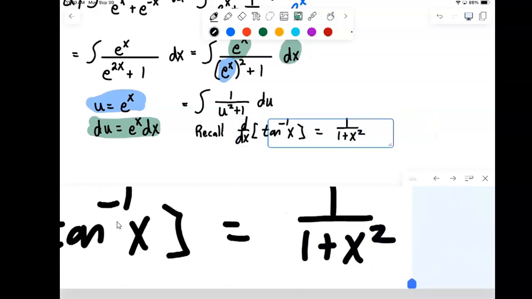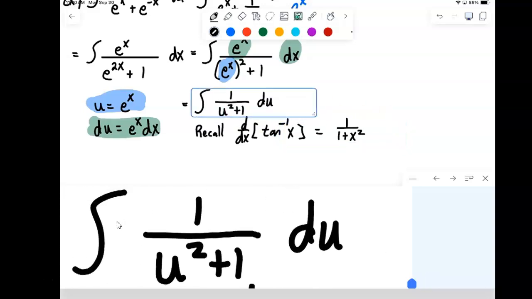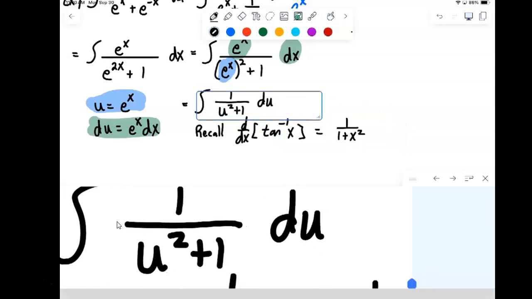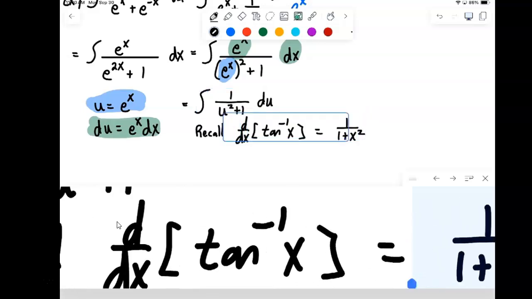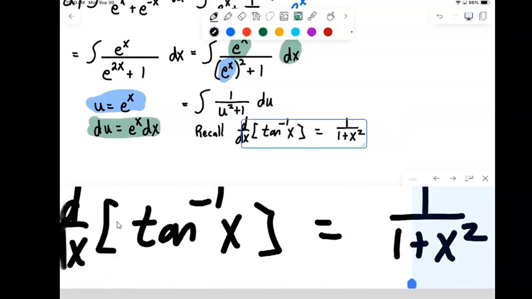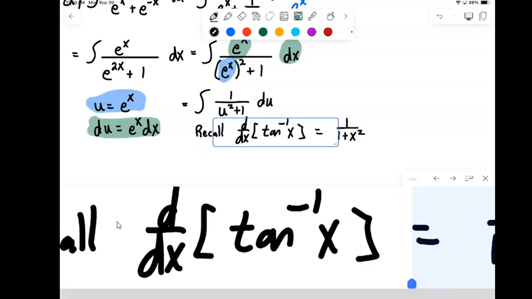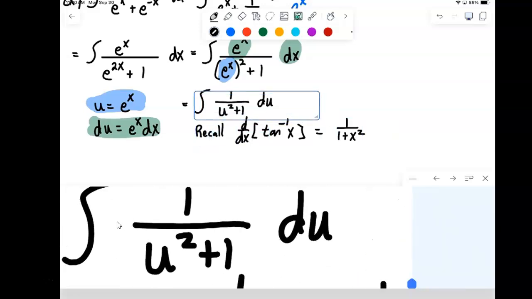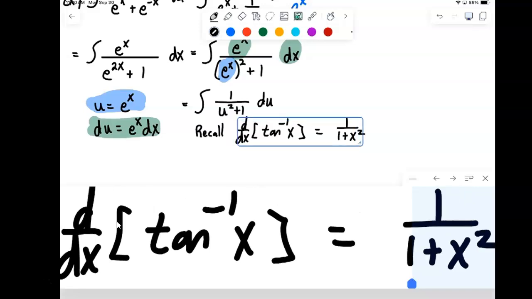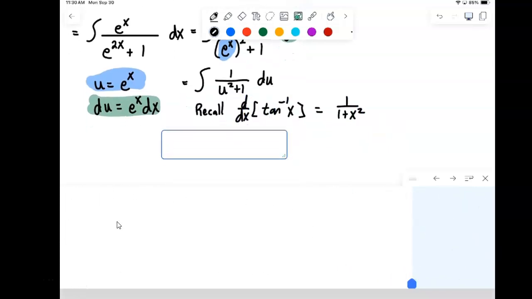In this chapter, we are going to develop techniques that will let us deal with a u squared plus something without having to completely fit it into the inverse tangent or inverse sine or inverse secant functions. But that'll be a little later, a few sections from now. For now, we just have to remember this.